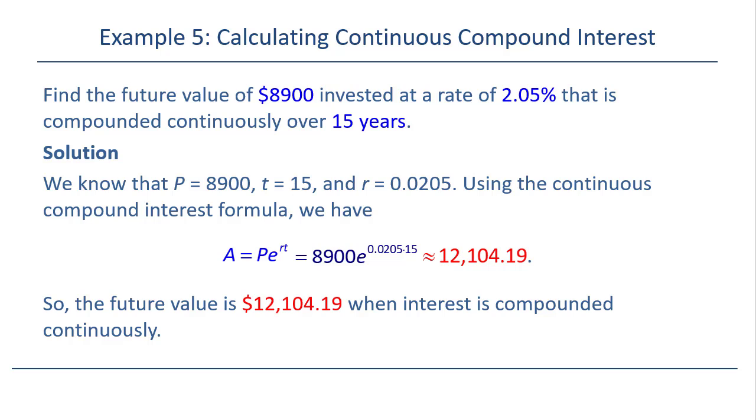It's one of those irrational numbers that goes on and on forever and never repeats. So you have to use a special tool, either a special calculator or Excel or Google Sheets or something to be able to calculate these. But in any case, after 15 years at 2%, you would see that 8,900 grows to 12,000, which is a pretty big difference, again, because of the time.